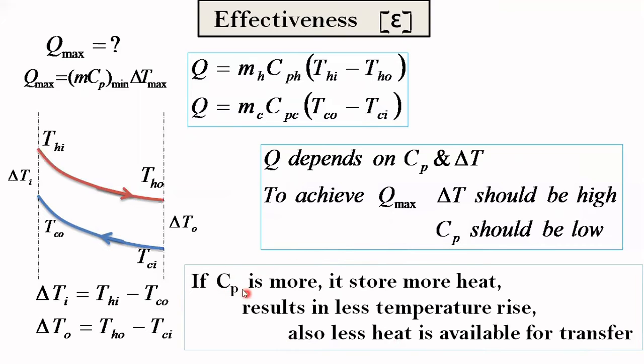So if the Cp is more, that means it requires more heat to show a rise in temperature. So Cp should be less and the temperature difference should be high. Or in other words, for delta T to be high, the Cp has to be low. Then only we can see a greater change in temperature of both the fluids.